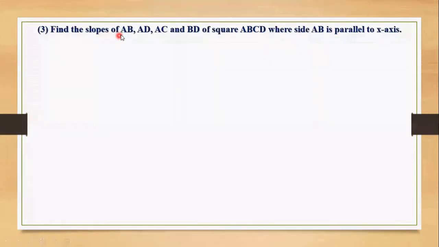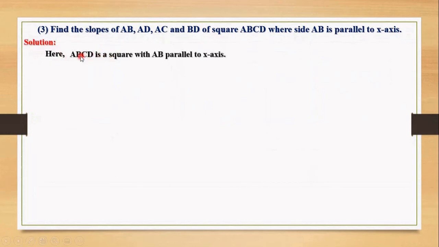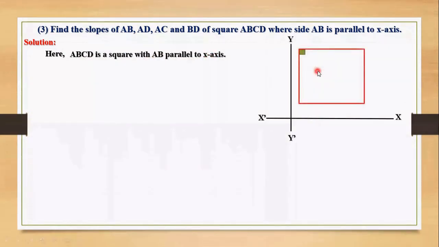Find the slopes of AB, AD, AC and BD of square ABCD where side AB is parallel to the x-axis. Let's solve it. The question says that ABCD is a square with its side AB parallel to the x-axis. Now let's draw a square. It is here.